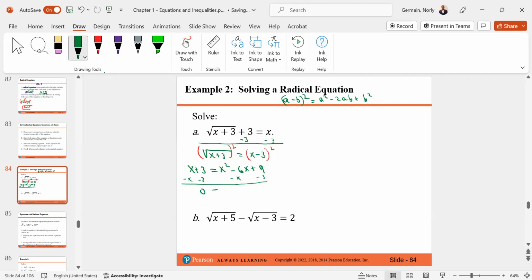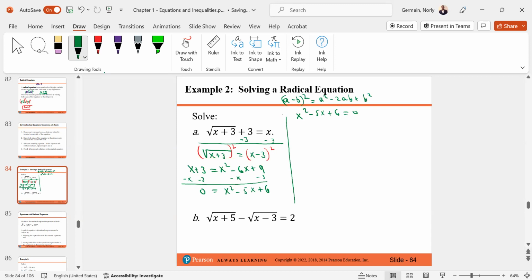We end up having 0 equal x squared minus 5x plus 6, right? So if you look closer, we have x squared minus 5x plus 6 equal to 0, because there is only 1 as the coefficient for x squared.